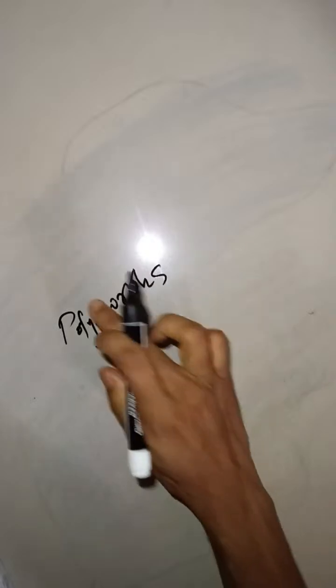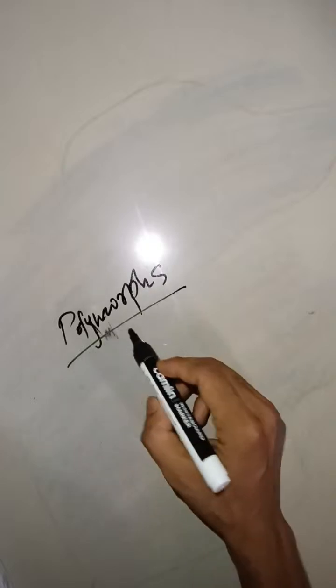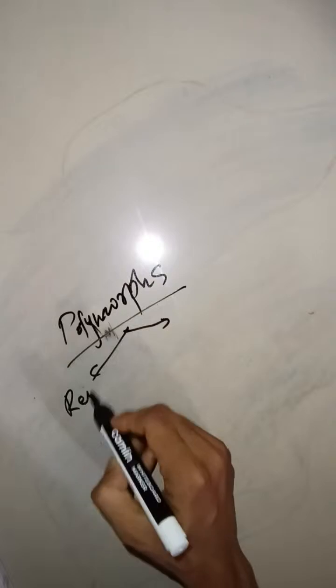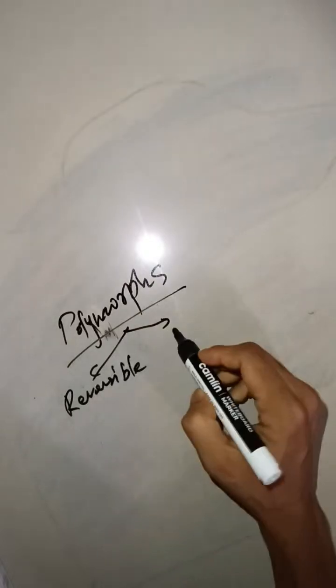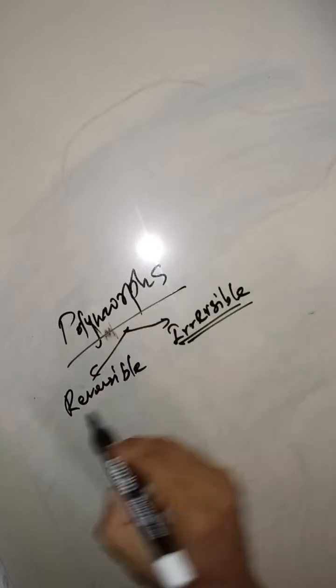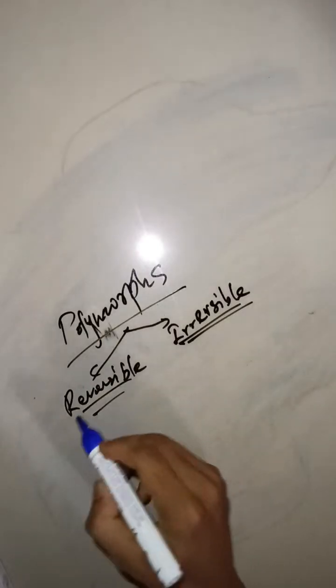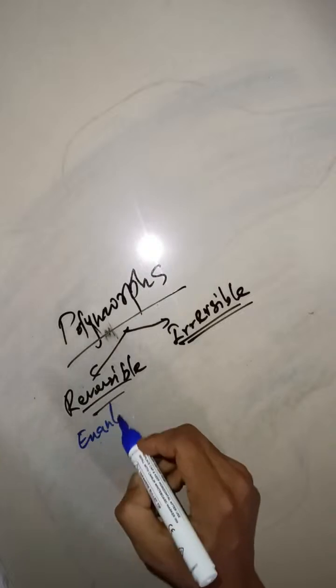Okay, so write there: polymorphs, two types. What are they? Reversible polymorph and irreversible polymorph. The other name of reversible polymorph is enantiotrope.